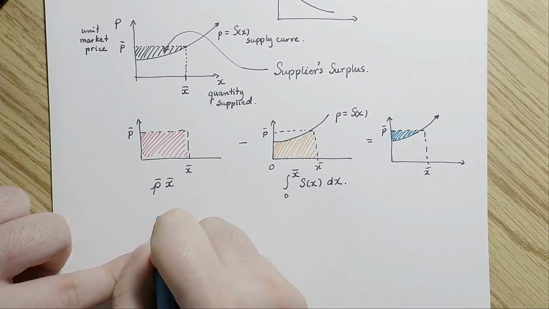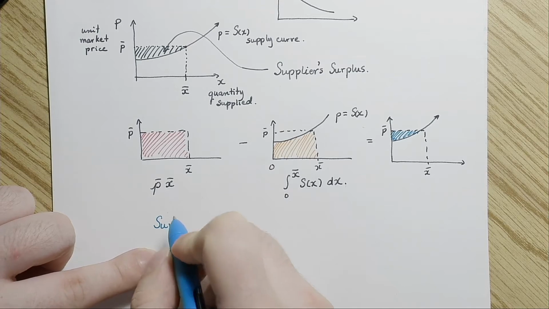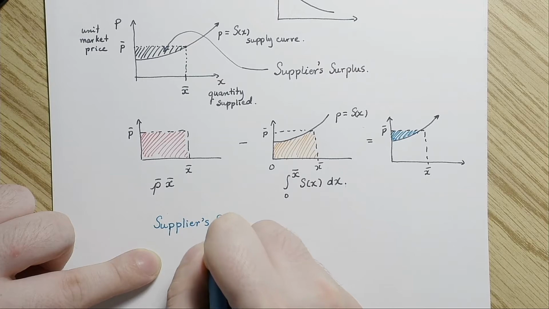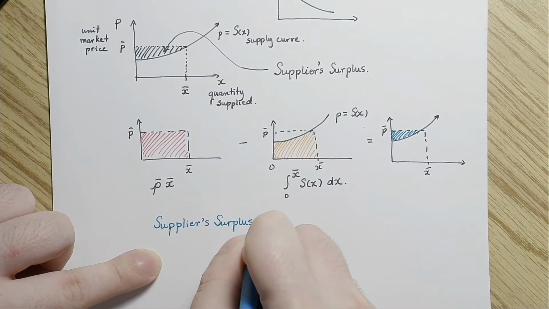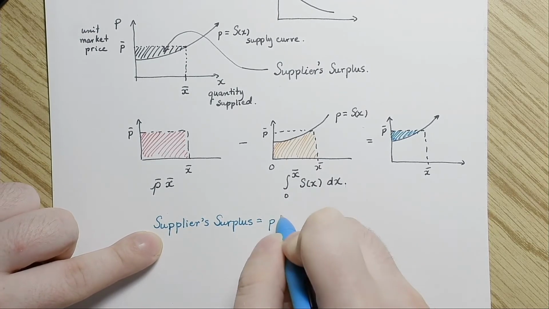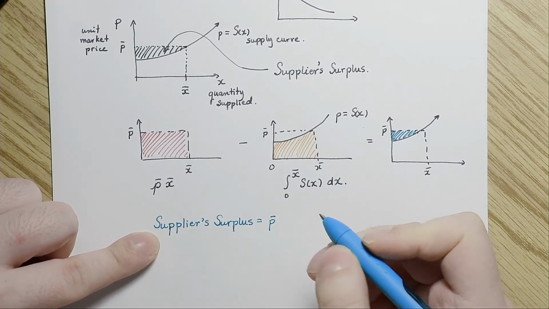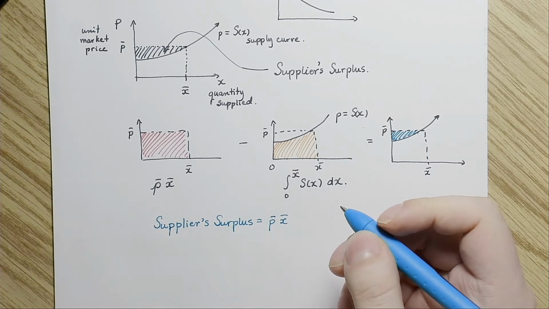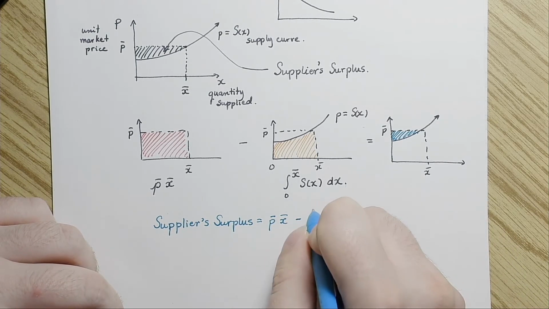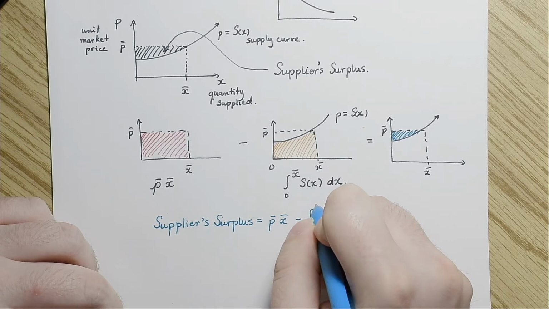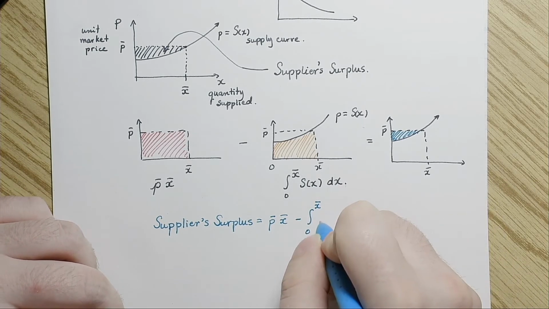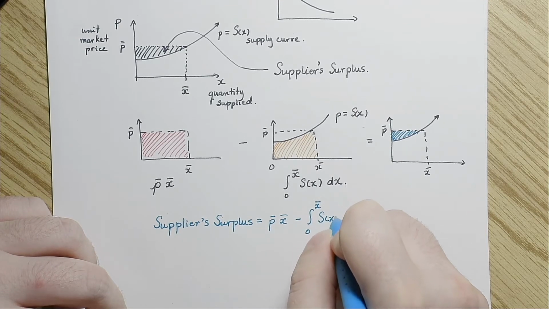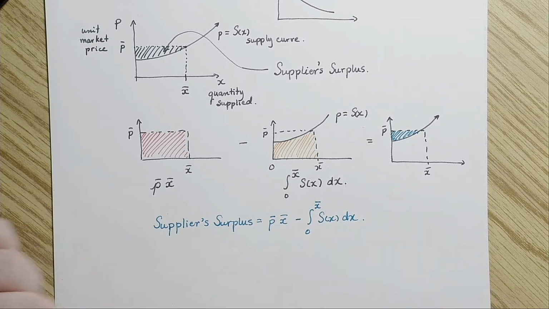Therefore, the supplier's surplus is equal to the price that the supplier sets times the quantity that the supplier supplied, and then we subtract what the consumer has bought, and that goes from 0 to x bar, integrating over that supply curve dx.